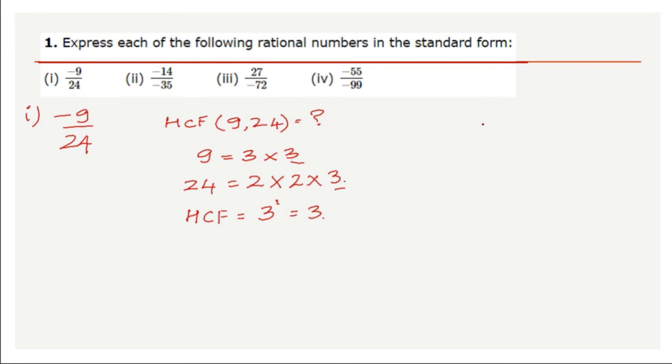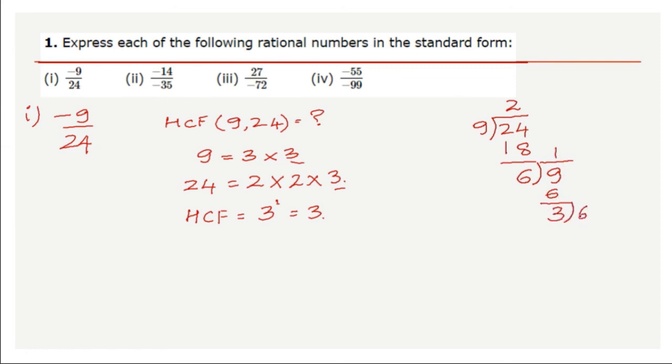If you want the division method, 9 divides 24, 9 two times is 18. Now the difference is 6. 6 divides 9 one time is 6. It leaves the remainder 3.